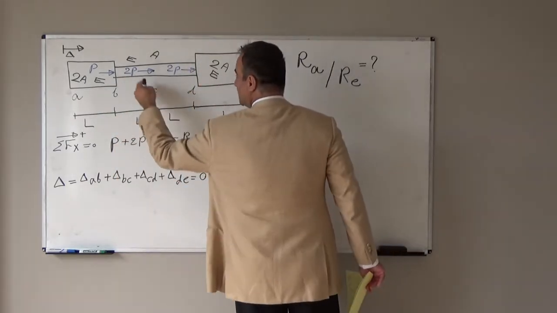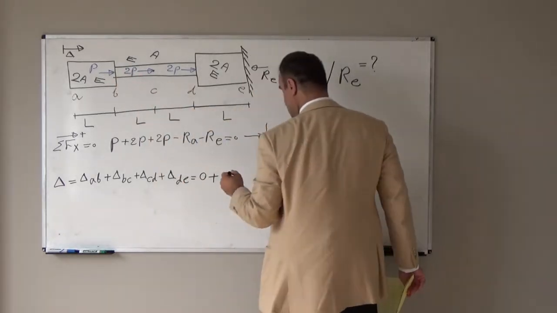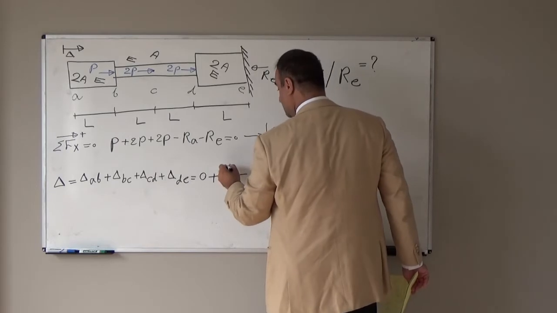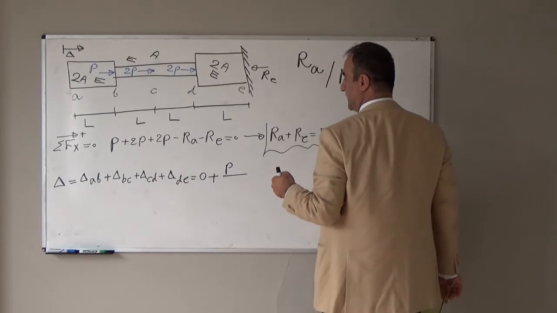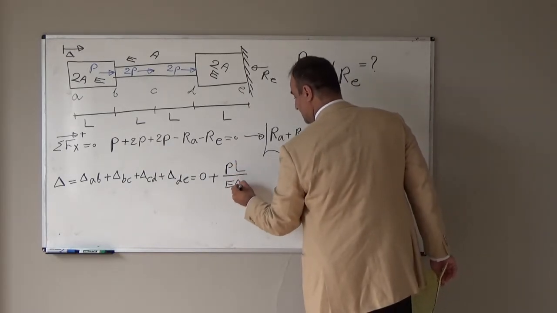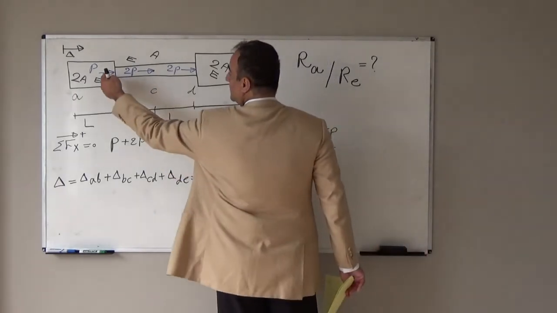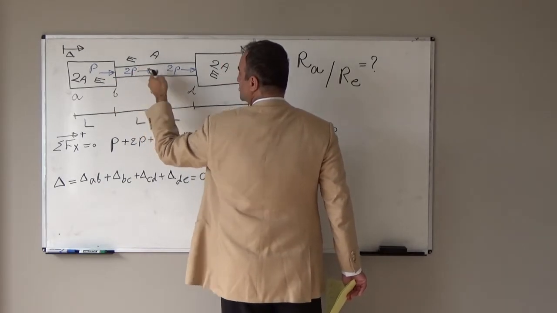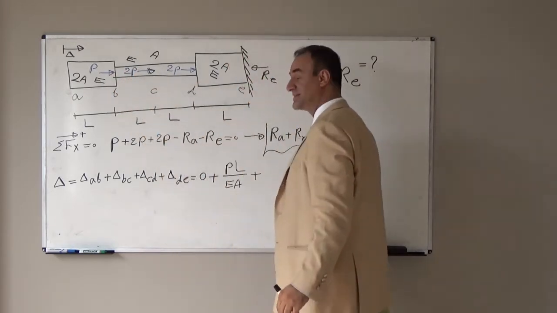From B to C, any section, if I cut, internal force is P, and that will be equal to P times the length of this part, L, divided by EA, plus deformation for CD part. P we have here, 2P we have here. So internal force from C to D is P plus 2P, it is 3P.